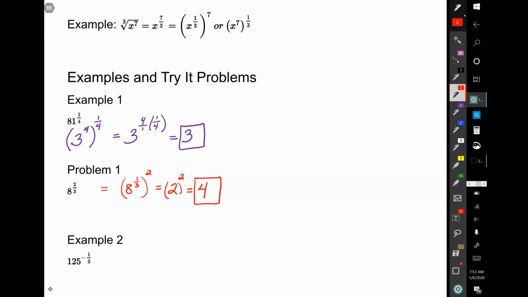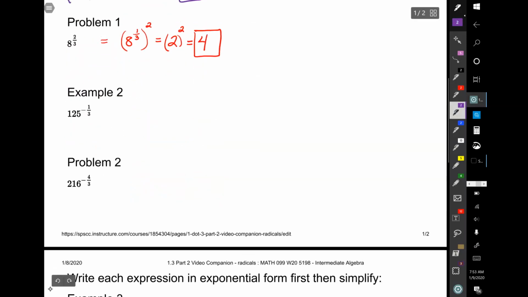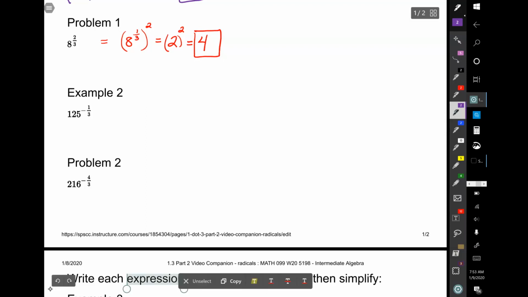Example 2. We have 125 to the negative 1/3. So the first thing we might want to do is put that underneath. So we're going to have 1 over 125 to the 1/3.